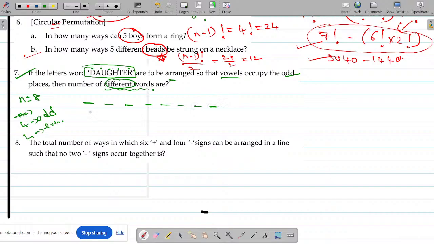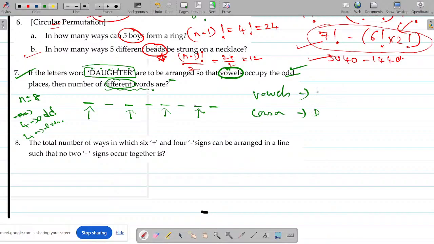So how many odd places? Odd, odd, odd, odd. What they say in the question is, it's again a restricted case. Vowels should occupy the odd places. Now let me segregate the vowels and consonants. What are the vowels present and what are the consonants present? Yeah, help me out. Vowels. Let me go in order for convenience sake.